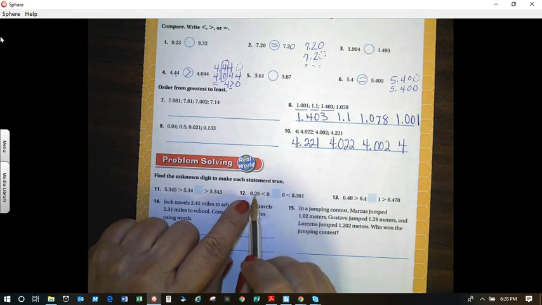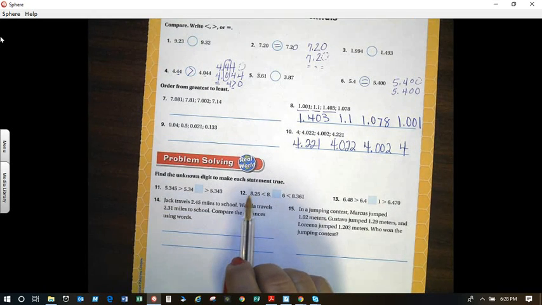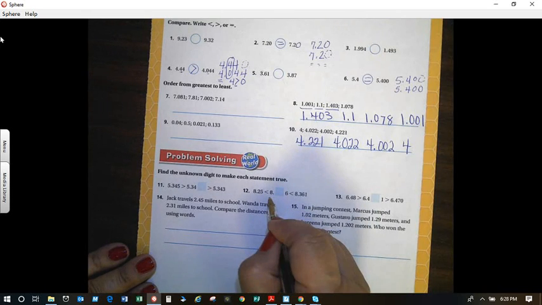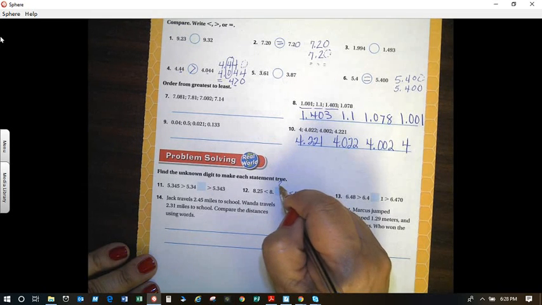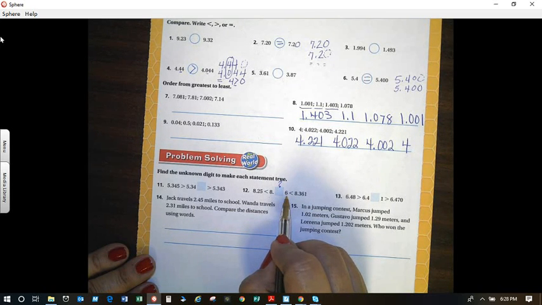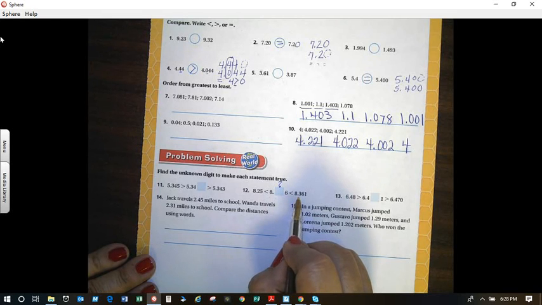So for number 12, I have 8 and 25 hundredths. The next one is 8 and what can go here, and then it's going to be the 6 at the end, and this is going to be less than 8 and 361 thousandths.